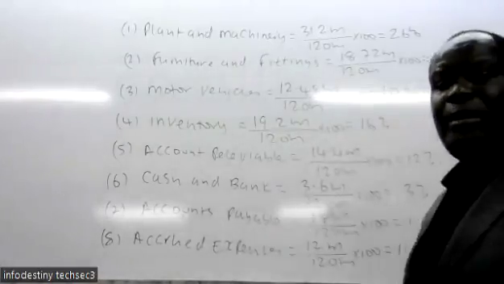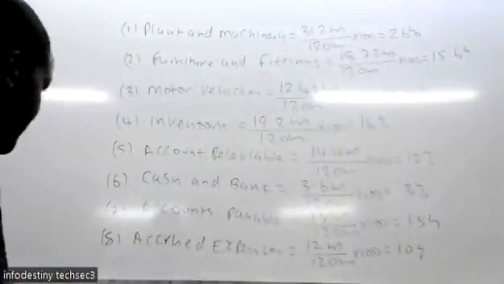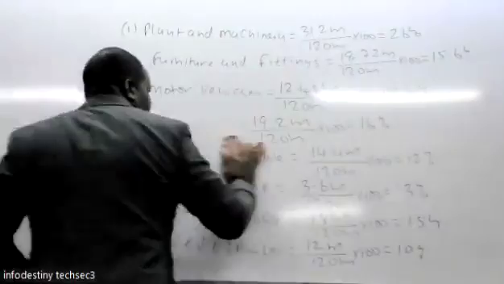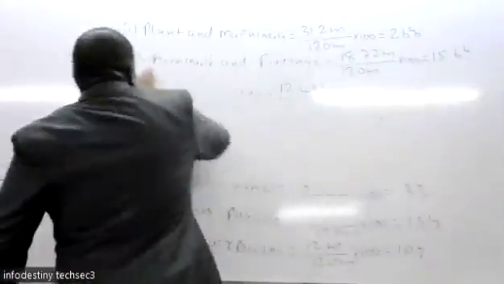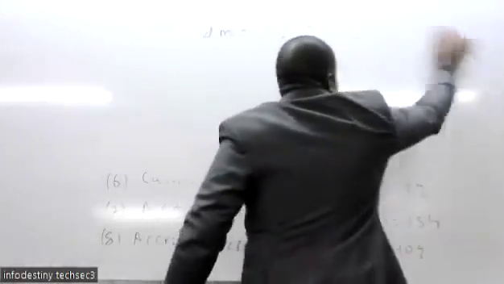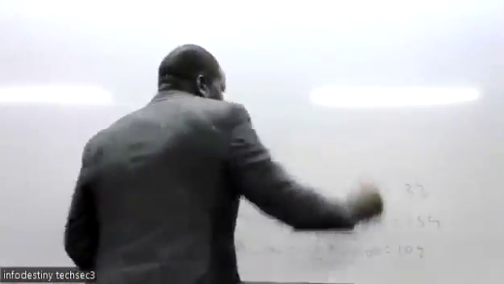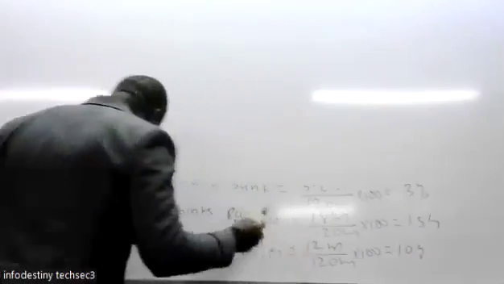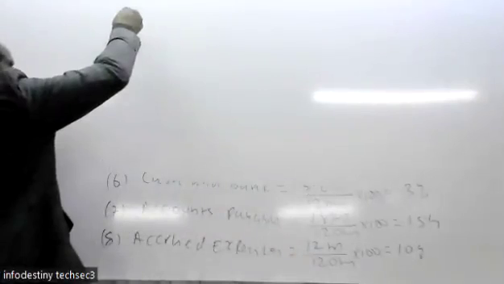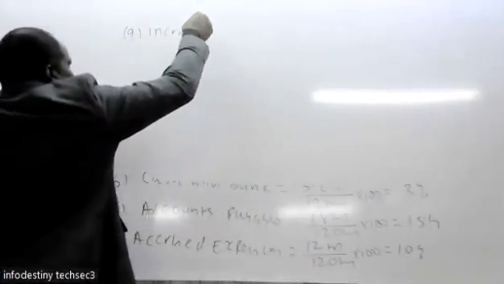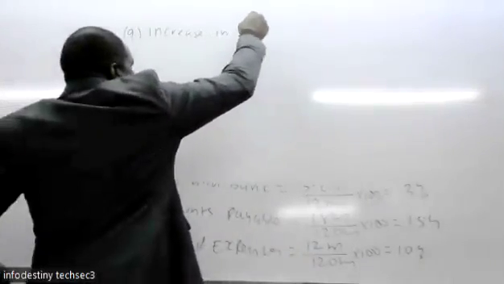So we go to number 9, where we also calculate the increase in the retained earnings.